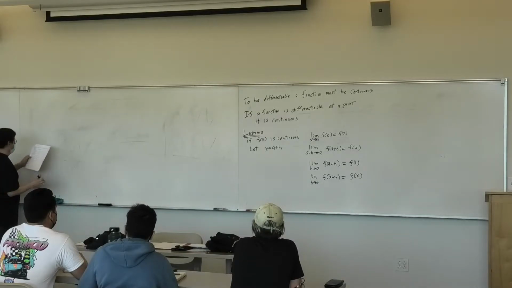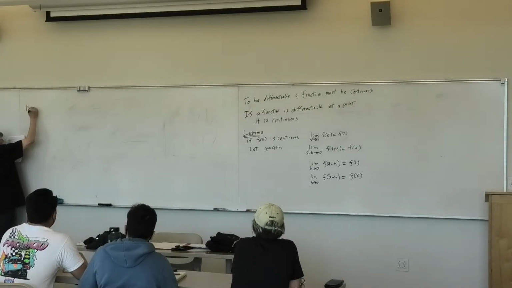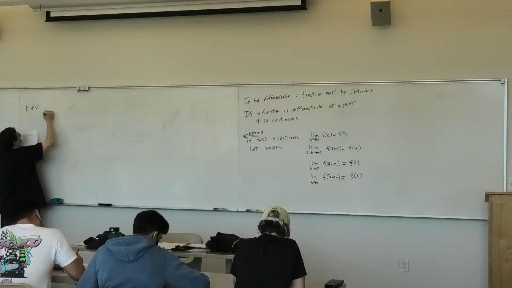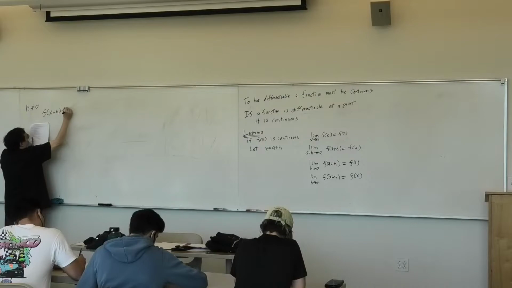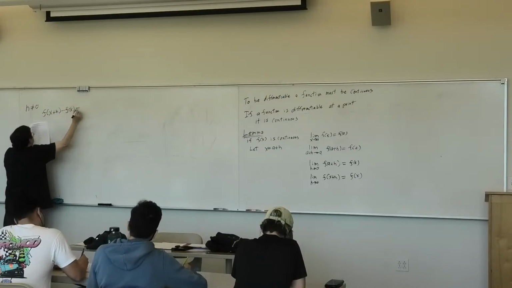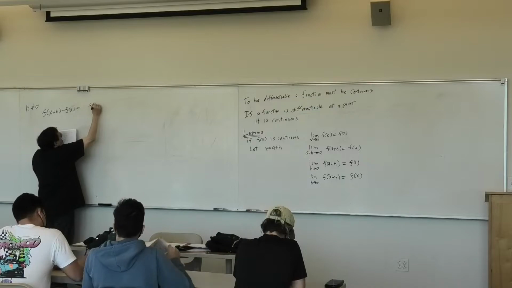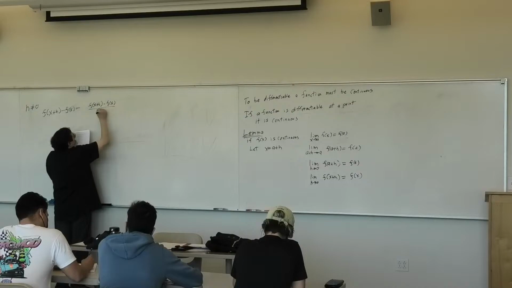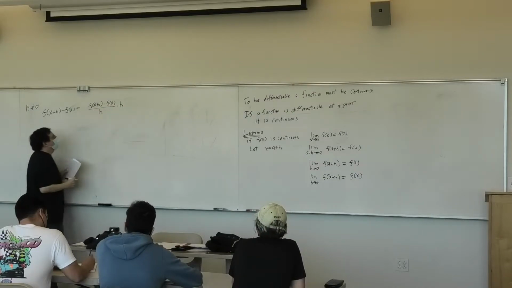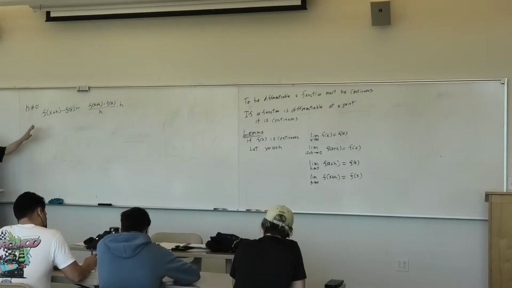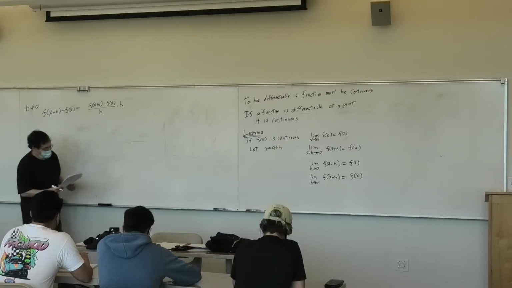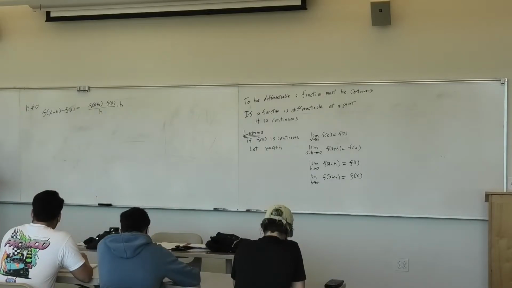So, we start with the idea that, well, what if h is not equal to 0? Then f of x plus h minus f of x is also equal to f of x plus h minus f of x divided by h times h. Just think about that. h is not 0, so I can divide by it and multiply by it and get what I started with.